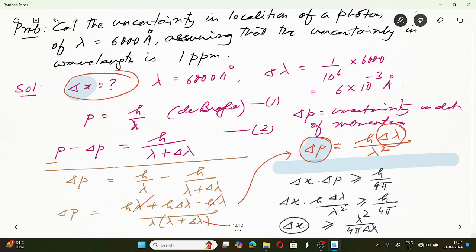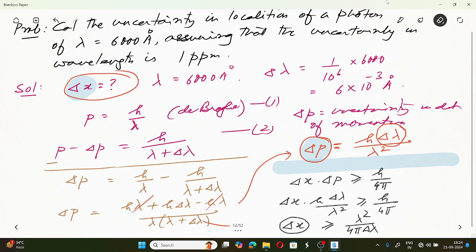This is 6000 into 10 to the power minus 10 meters. Directly you can express this in angstrom, and you can find out the value in angstrom unit.